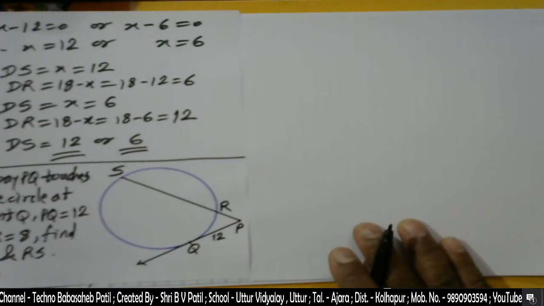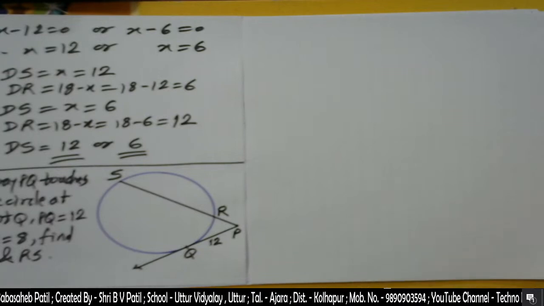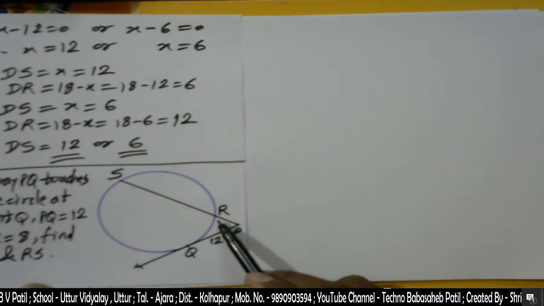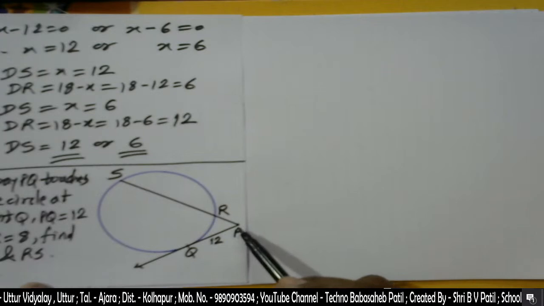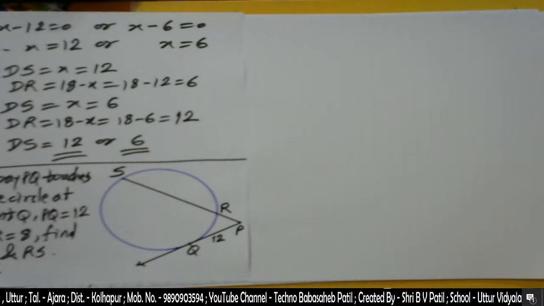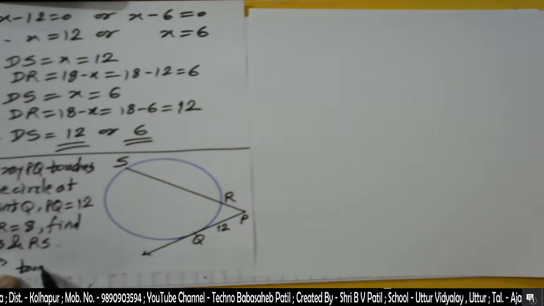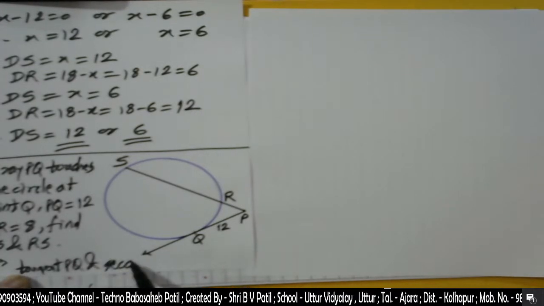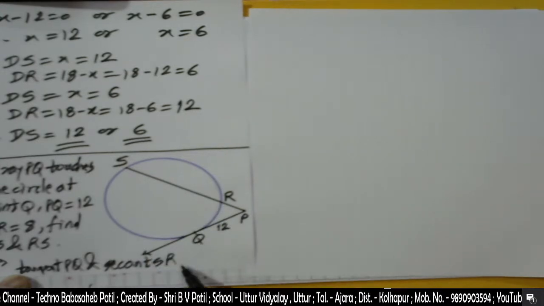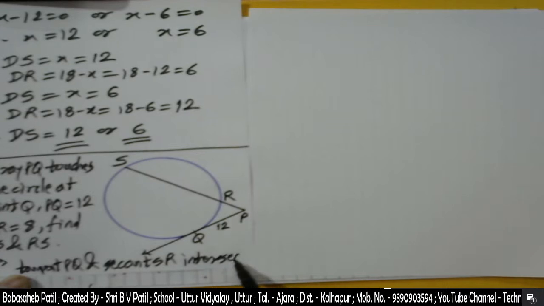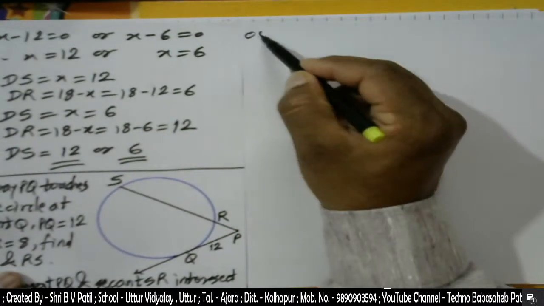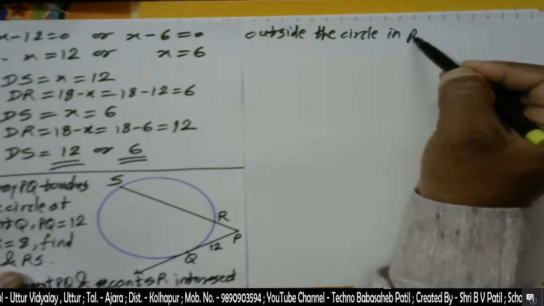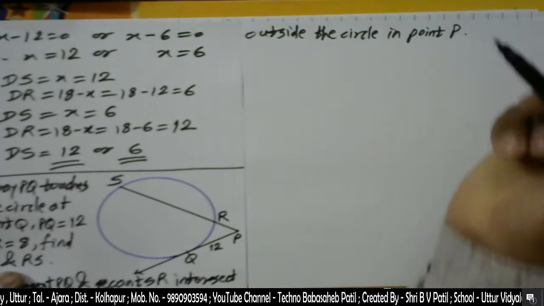In the solution, what do we write? Tangent PQ and secant SR intersect outside the circle at point P. Tangent PQ and secant SR intersect outside the circle at point P here.